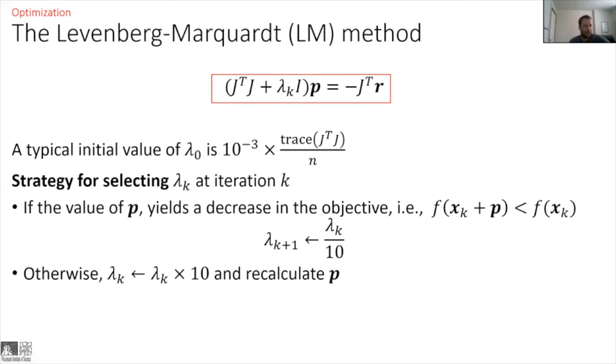And actually, I did not cover it because I didn't want to confuse you too much with a lot of definitions, but the Levenberg-Marquardt method uses something different from line search, which is called trust region. I will say it in very general terms because I don't want to get into details.